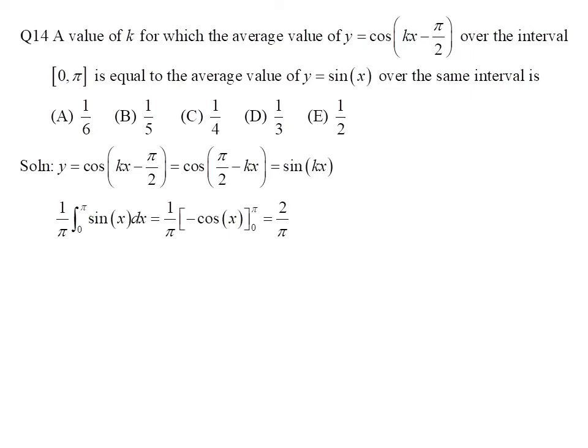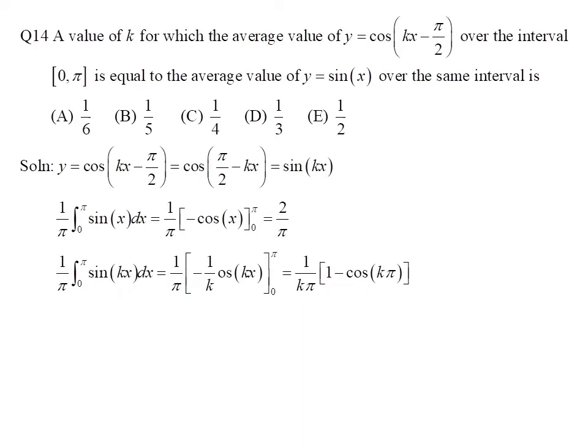Hence, the average value of the function y equals sine x over the closed interval from 0 to pi can be written as 1 over pi times the definite integral of sine x dx from 0 to pi, which equals 2 over pi, while the average value of the function y equals sine kx over the same closed interval equals 1 over pi times the definite integral of sine kx dx from 0 to pi, which equals (1 minus cosine of k pi) all over k pi.